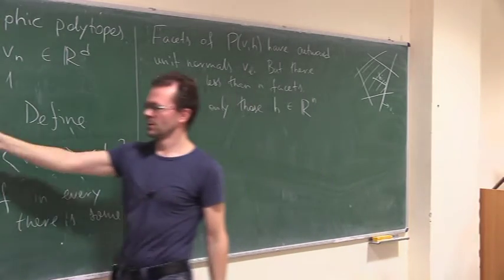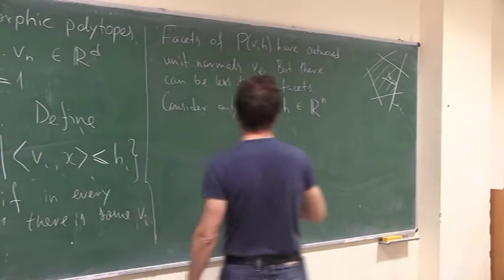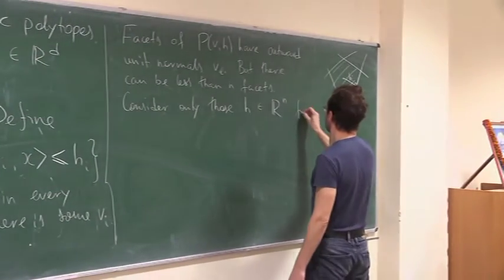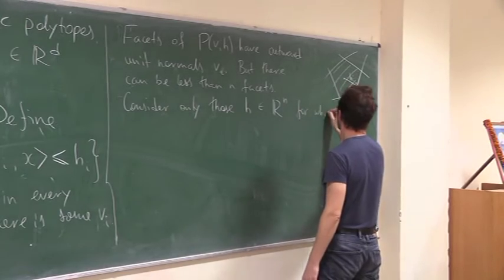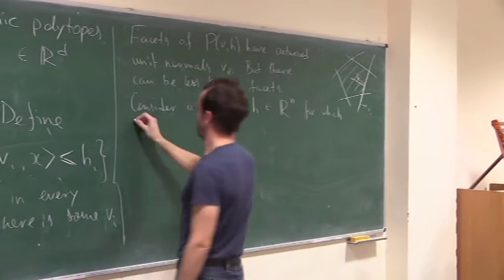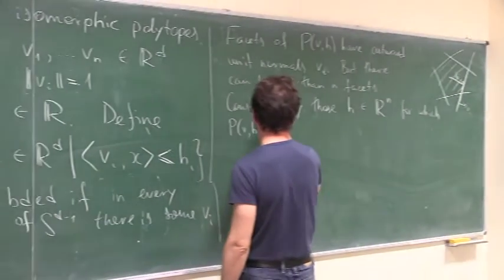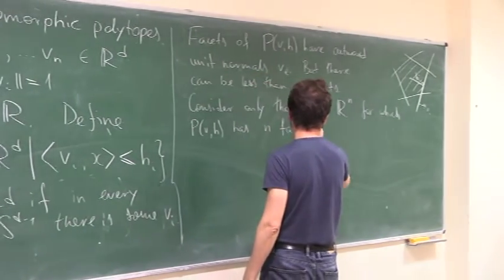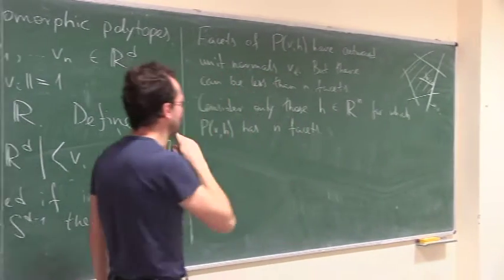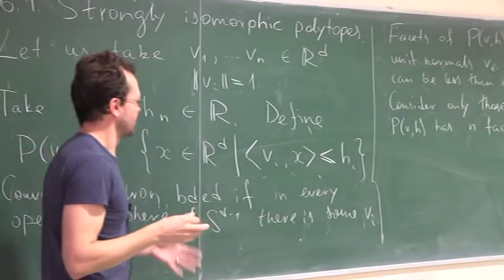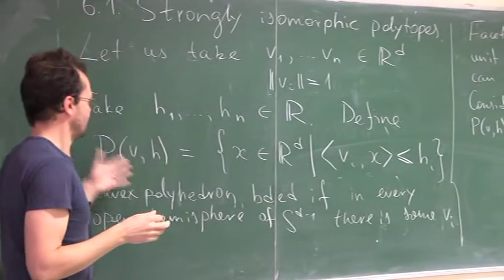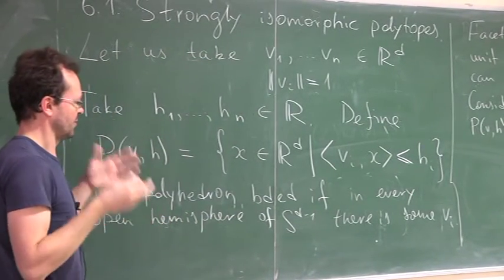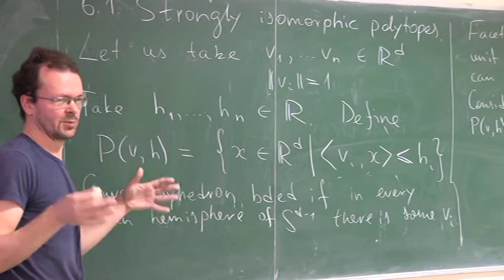Because H is a collection of n numbers. Under those for which P of V,H has n facets. So then these polytopes all have n facets, and these facets are pairwise parallel.